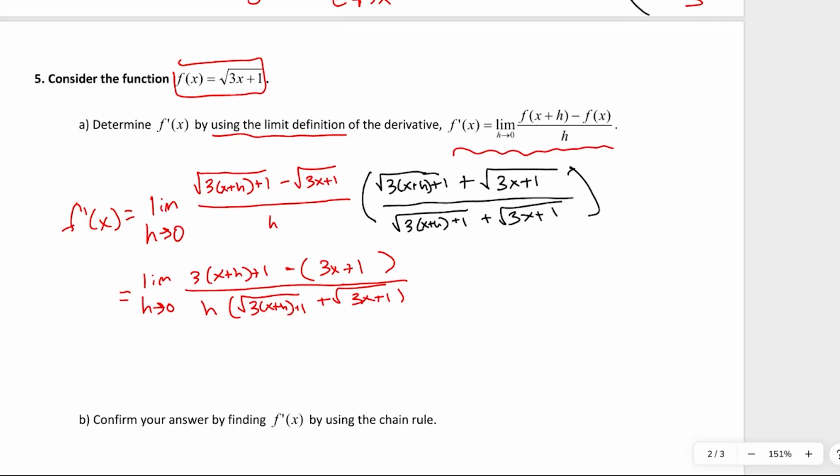Now, really what I'm looking for here is for these h's to cancel so that I can actually use direct substitution and plug in 0 for h. So I'm going to simplify the numerator. It's going to be 3x plus 3h plus 1 minus 3x minus 1, all over that same denominator that we had before.